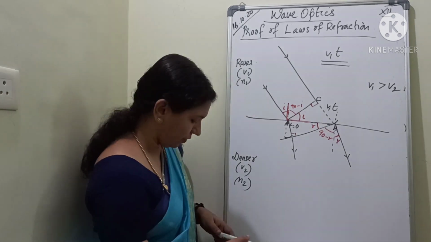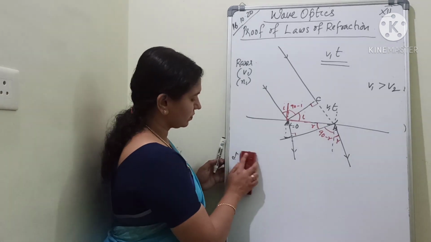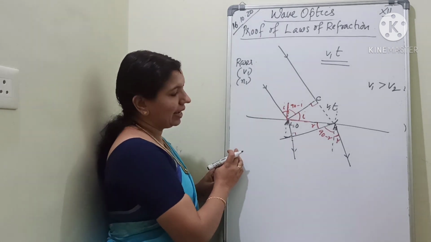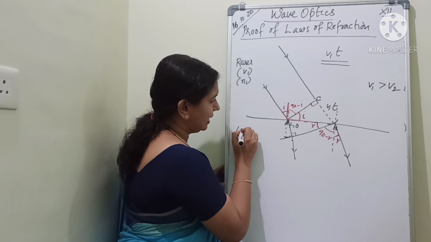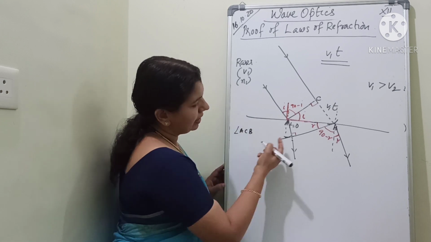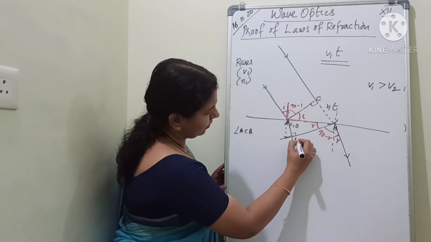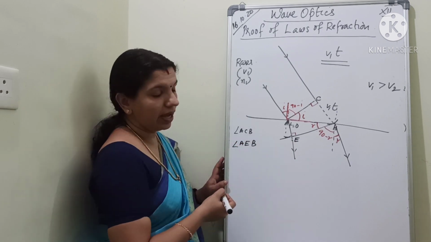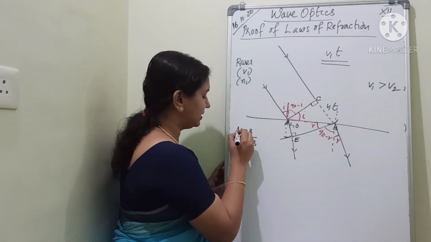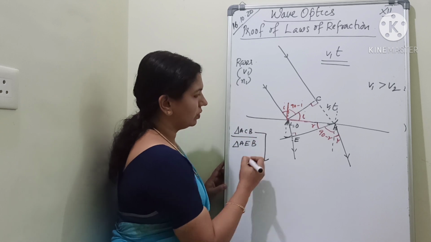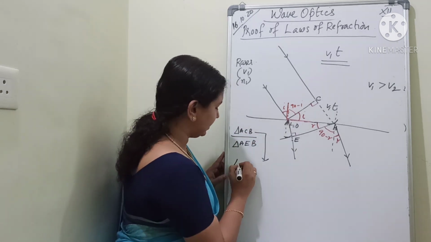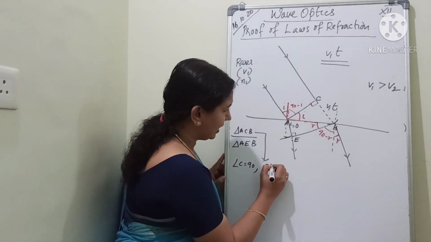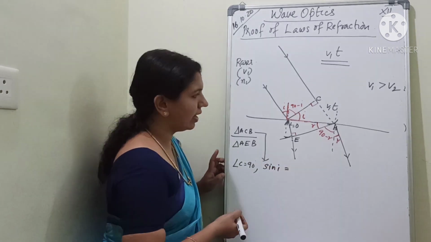Now we will move to the mathematical part. First of all, considering two triangles, triangle ACB and triangle AEB. In triangle ACB, angle C is equal to 90 degrees. What is sin i there?